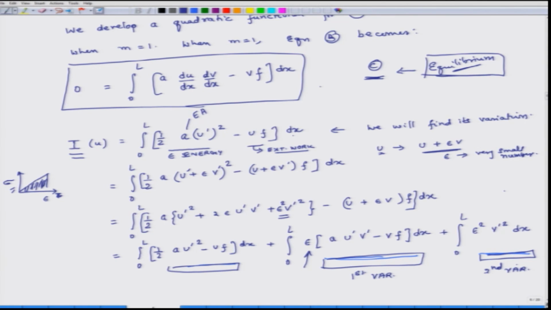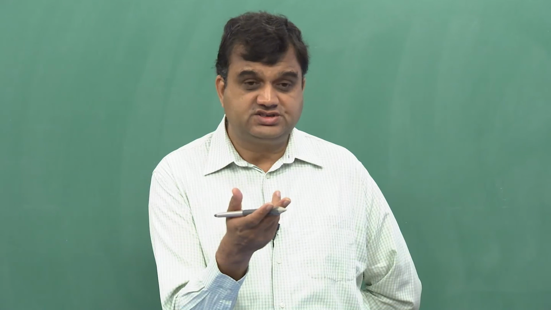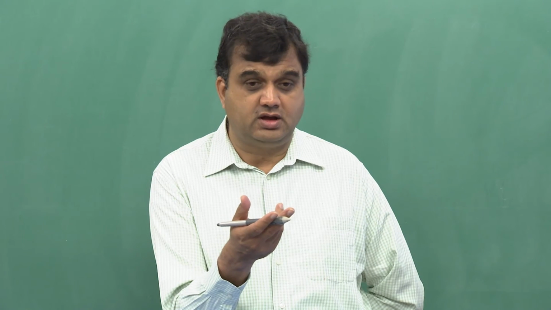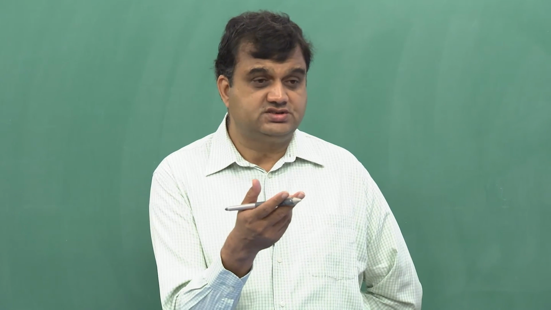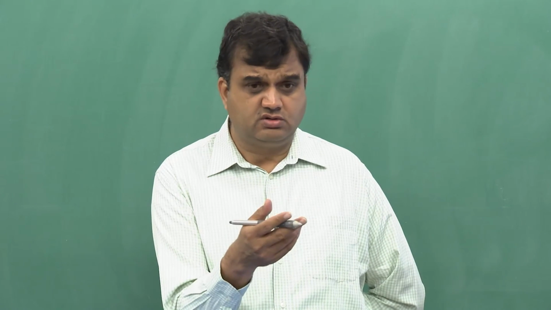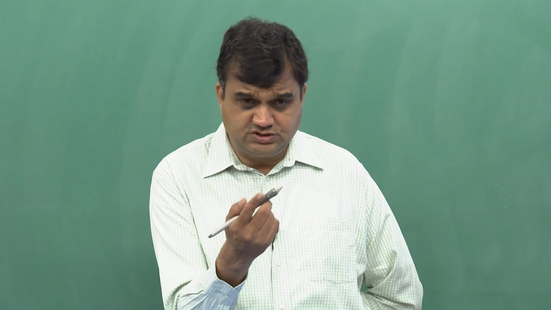And whenever a function or a functional has to be at minima, what is the condition for that? For a function to be at a minima, the condition is that its first derivative has to be 0.